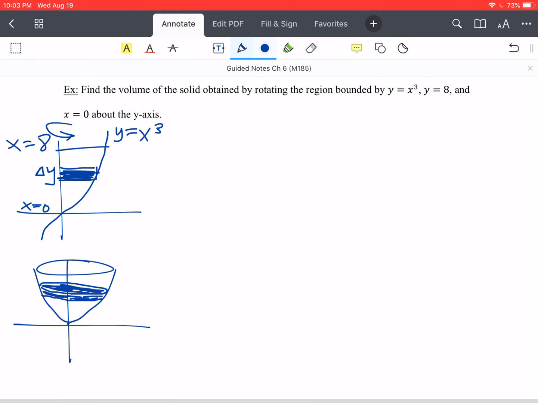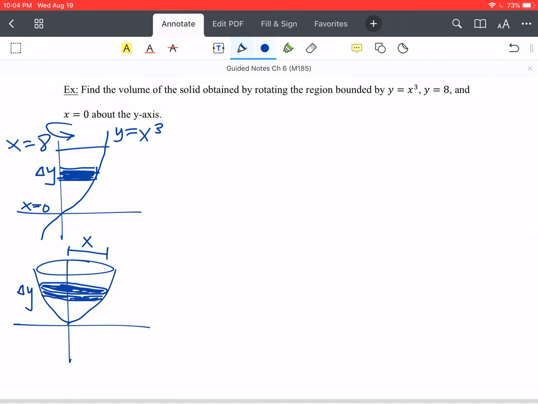So our radius, which is going to be that length there, because again, that's delta y on the side, that length is just going to be the x component of that function.